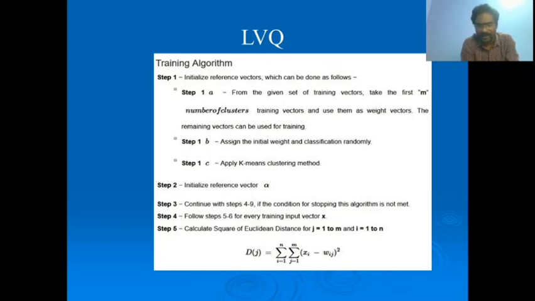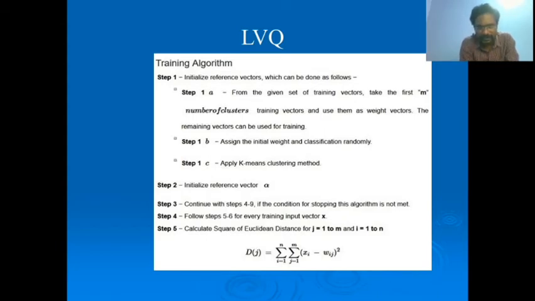The next, step B, is to assign the initial weights and classification randomly. And then in step C, we need to use the k-means clustering method. So this is the technique used in step 1. In step 2, we need to initialize the learning rate, alpha.